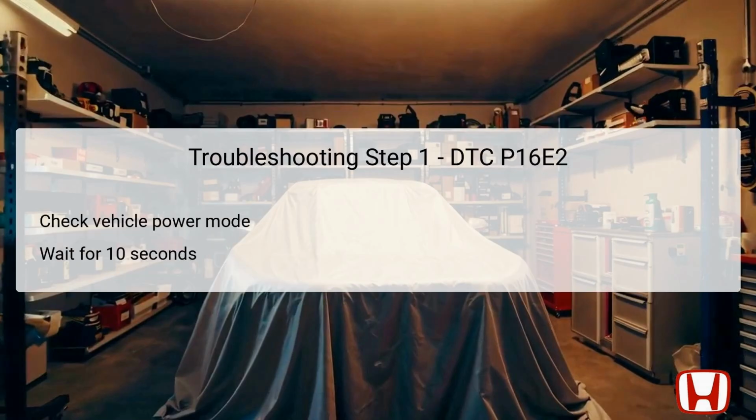The first step in troubleshooting DTC P16E2 involves turning the vehicle to the on mode and waiting for 10 seconds. This process allows the vehicle's systems to initialize and may generate necessary signals in preparation for diagnostics.